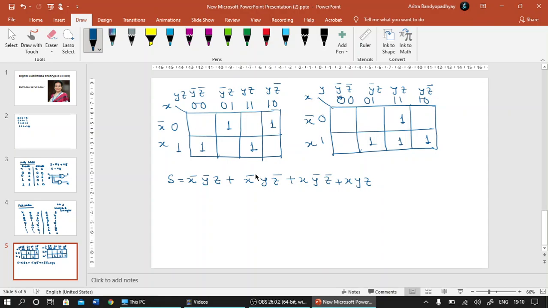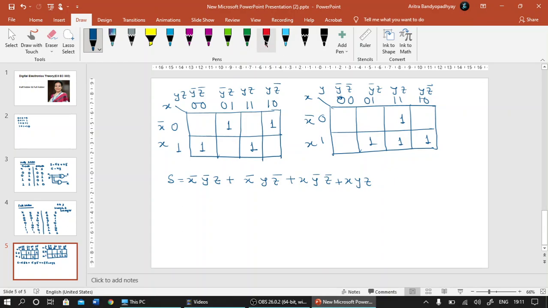The ones in the squares for the maps of S and C are determined directly from the truth table. The squares with ones for the S output do not combine in adjacent squares to give a simplified expression in sum of products. The C output can be simplified to a 6 literal expression.